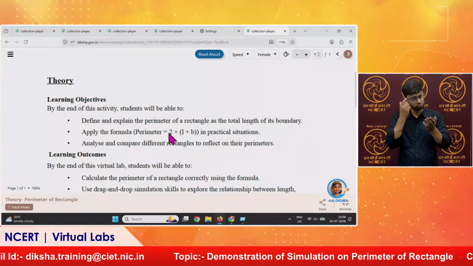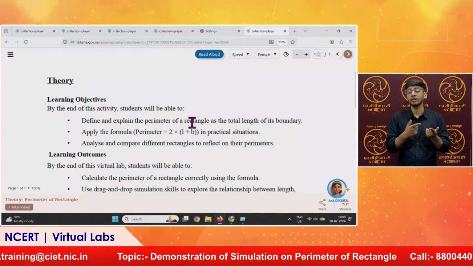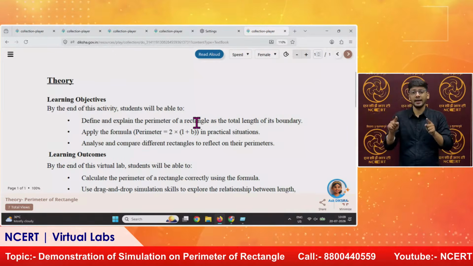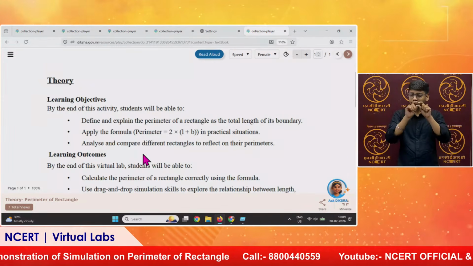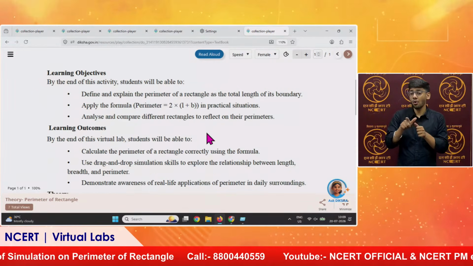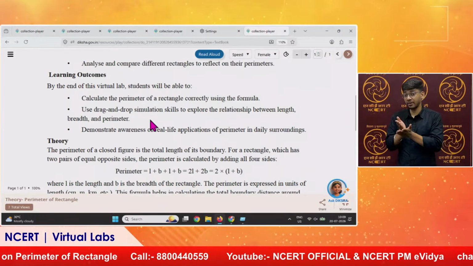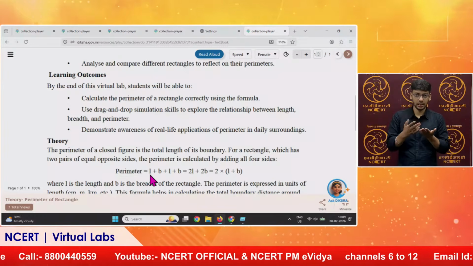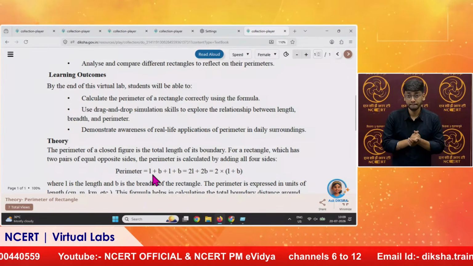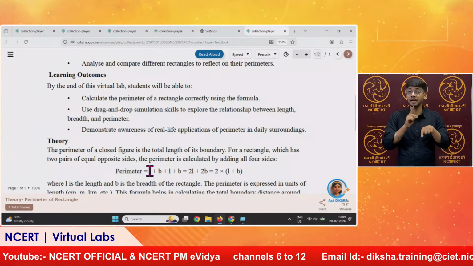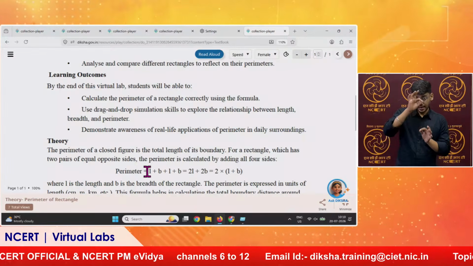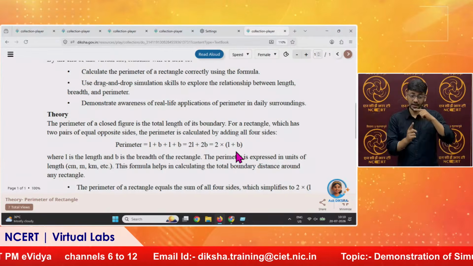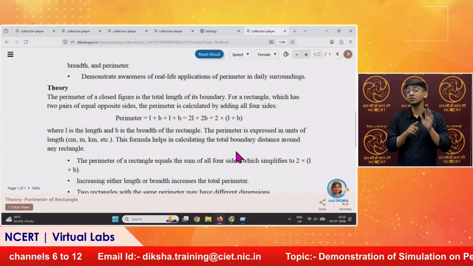So here we can see the definition of perimeter and the definition of rectangle. If we find the perimeter of the rectangle, then we have to add all the boundaries. So all the basic theory is given here. First we explore the length, then breadth, length and the breadth, and we have to add all these, and this way the formula is derived, which we will see in the simulation also.